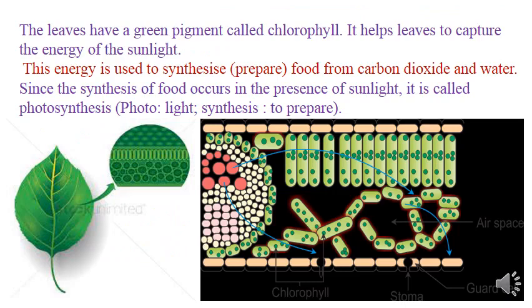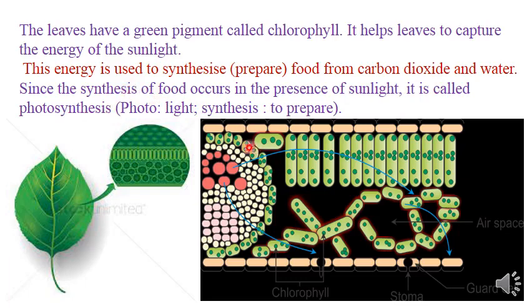The leaves have a green pigment called chlorophyll. It helps leaves to capture the energy of the sunlight. This energy is used to synthesize food from carbon dioxide and water. Since the synthesis of food occurs in the presence of sunlight, it is called photosynthesis.